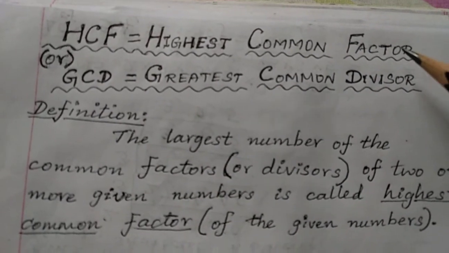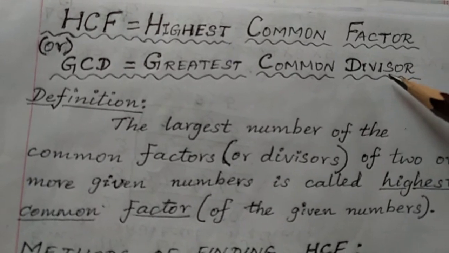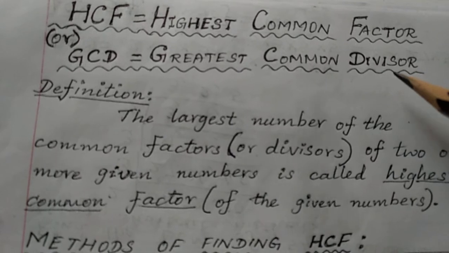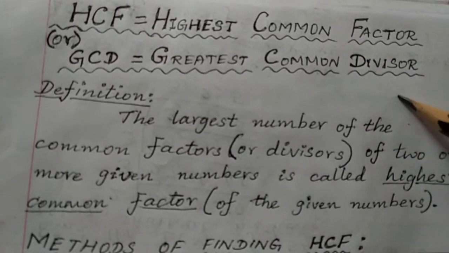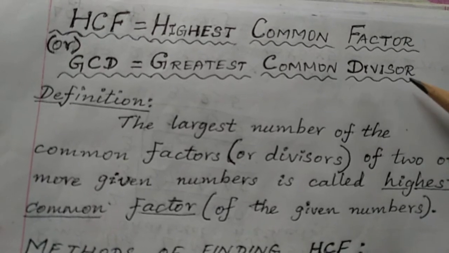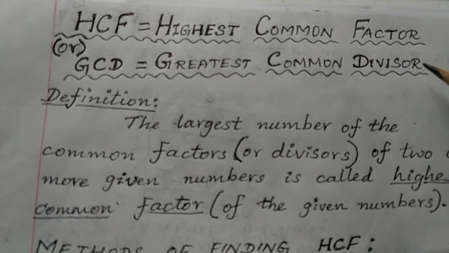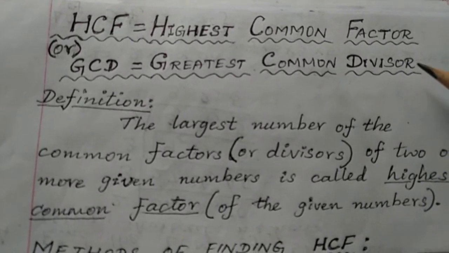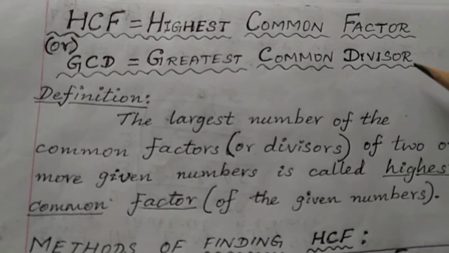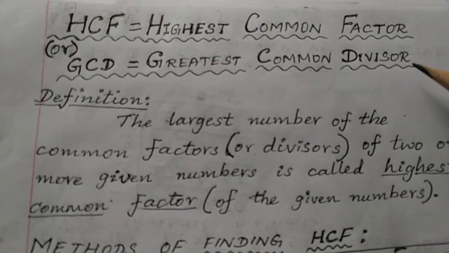What is a common factor or common divisor? A common divisor or common factor is a number that divides the given two or more numbers without any remainder.